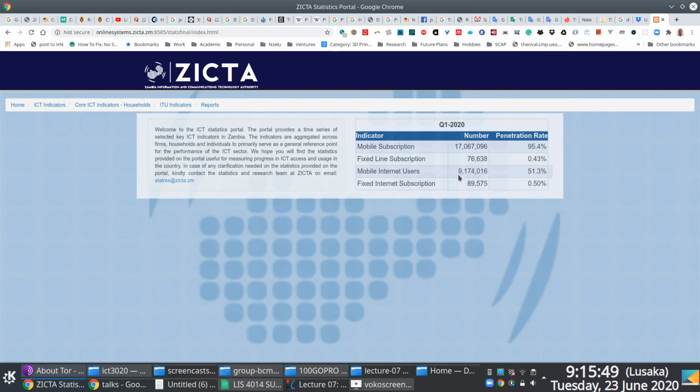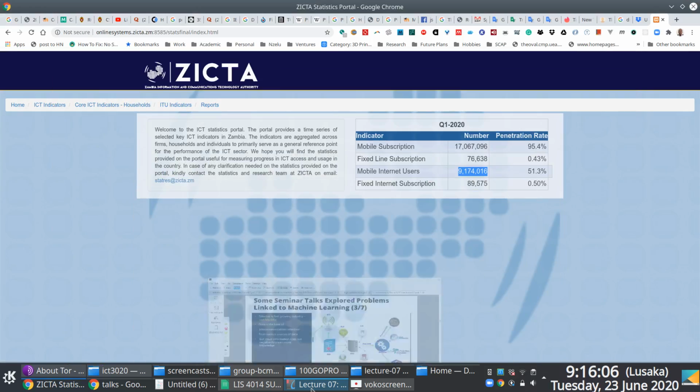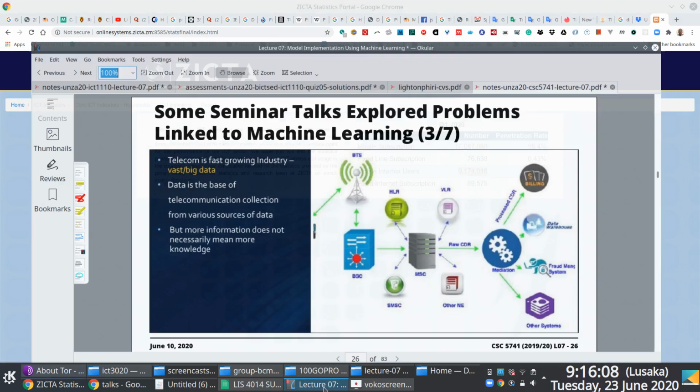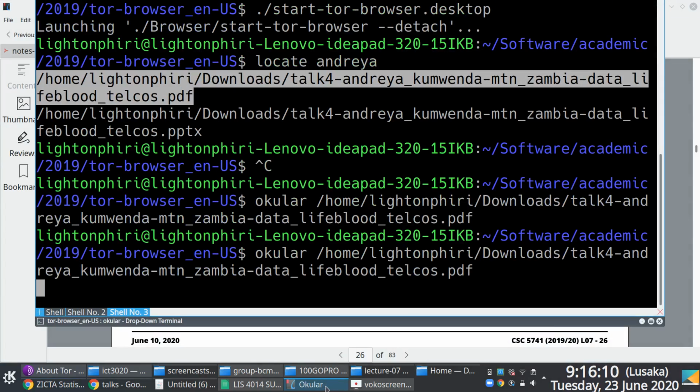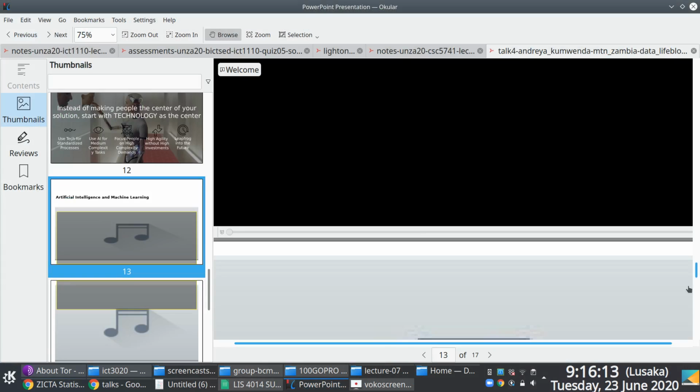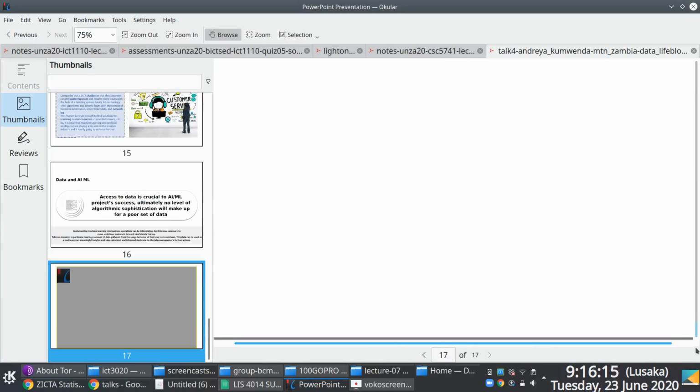Anyway, I guess we can use this as an indicator. If we currently have a total of 9 million mobile internet users, right? And this is mobile internet users, but I was trying to point at the fact that a typical mobile service provider like MTN, for instance, will have a lot of subscribers, right?